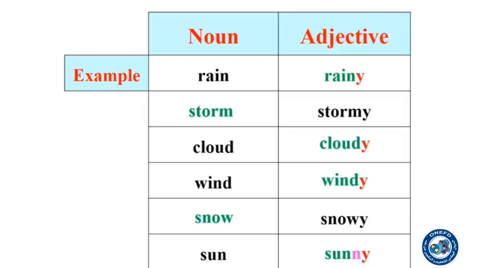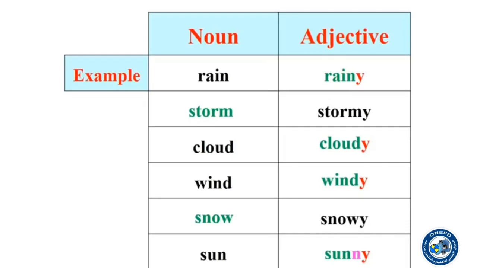We must double the N before we add the suffix y, because as we have said, there is a vowel before the N. So when there is a vowel before the consonant, we must double the consonant and then we add the suffix y.